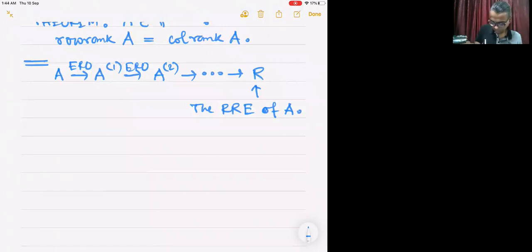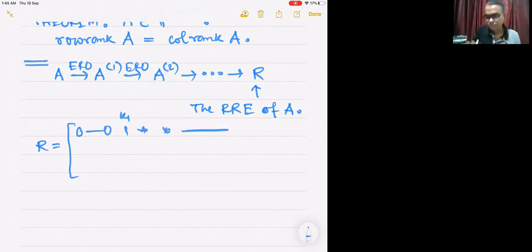Now, what do you remember about row reduced echelon form? This R is going to look like this: there will be zeros initially, then a leading one appearing at the K1 position, and then stars, which are either zero or non-zero. Then once again zeros, and a leading one will appear at the K2 position, and then non-zero entries.